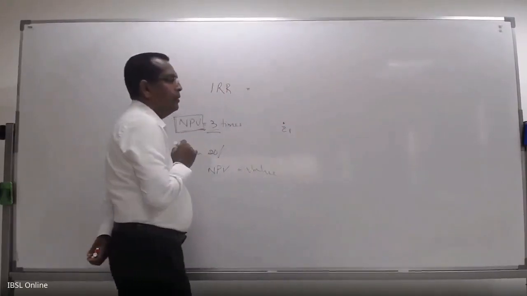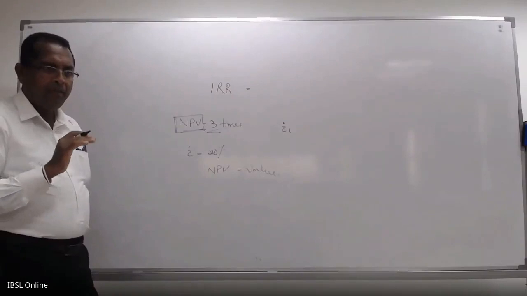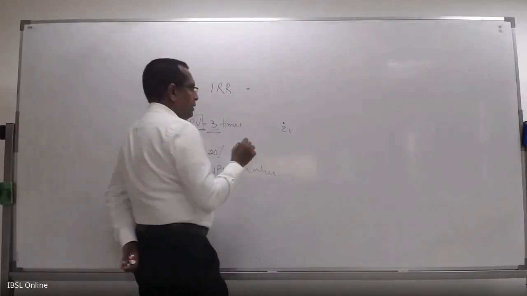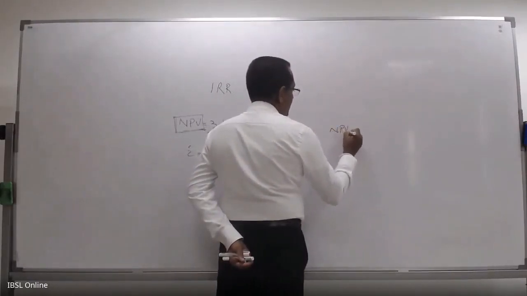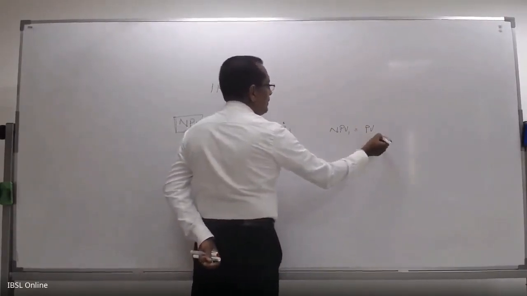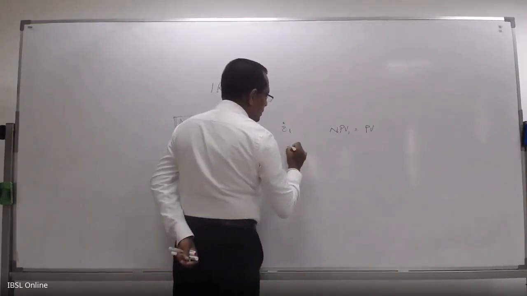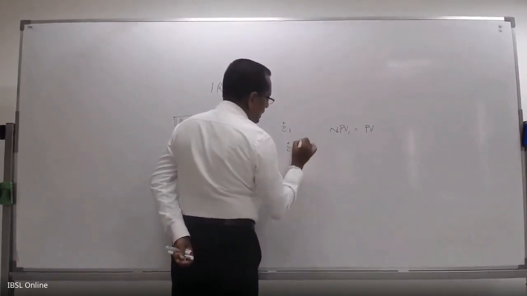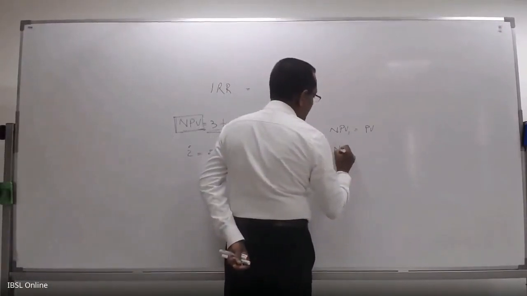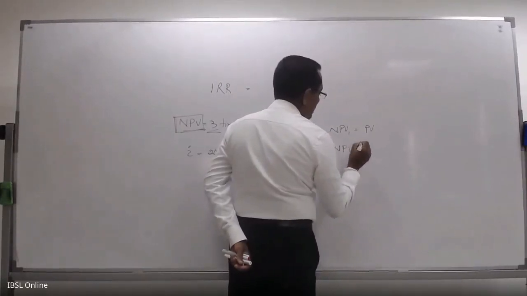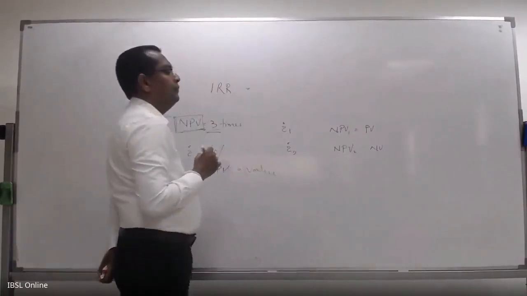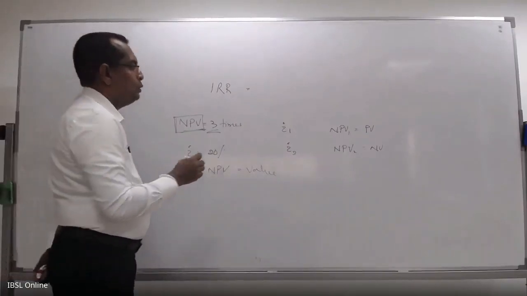We want to find out discounting rate I1, where NPV is positive but near 0. Positive NPV, V1, which is a positive value, right? This is not present value, this is positive value. Then you need to find out another NPV at discounting rate I2, which gives you a negative NPV, right? You have to find out two discounting rates.